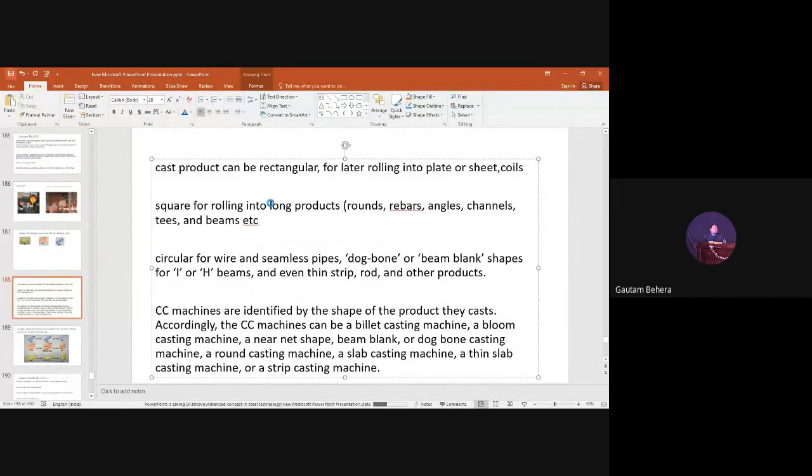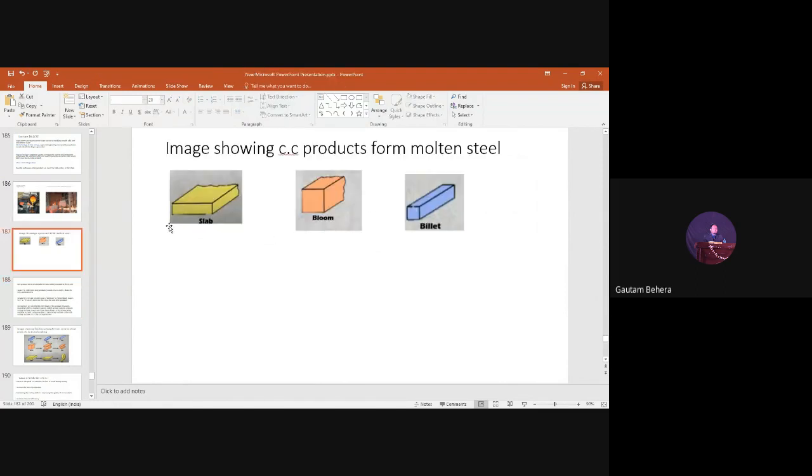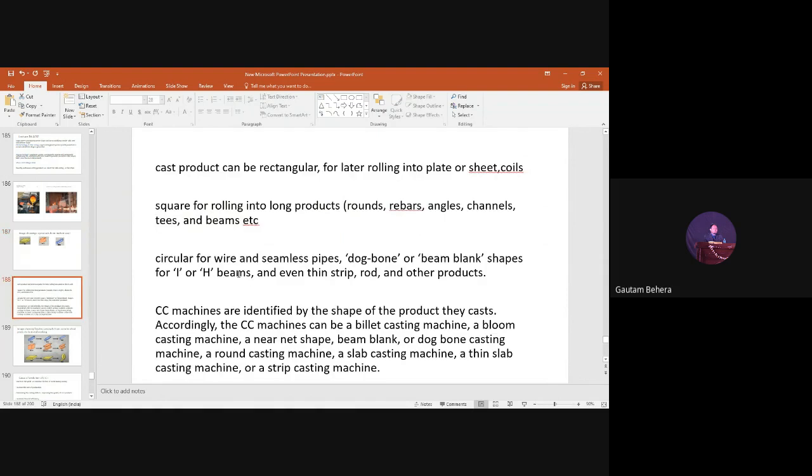If it is basically square, then we can roll it into some round rebars, angles, channels, T's, beams like this. If it is circular, basically we can get this kind of beam, rods and other products.